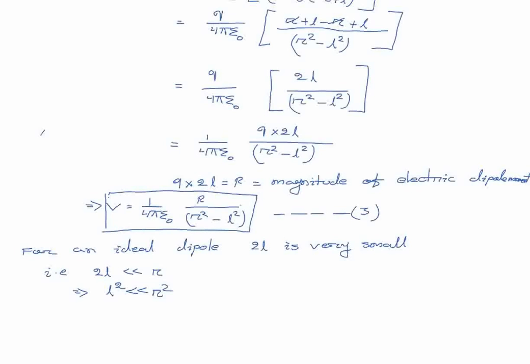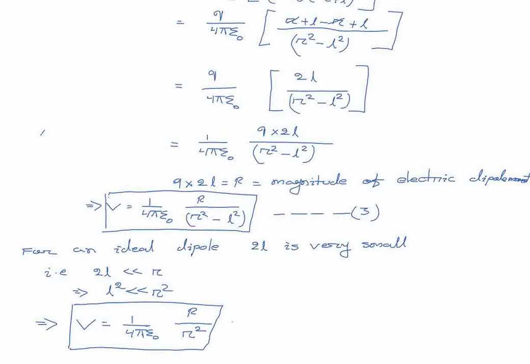Now neglecting L square from this above equation, we will get V is equal to 1 by 4 pi epsilon naught p divided by r square, and this is the final expression of electric potential at any point on the axial line of a dipole.